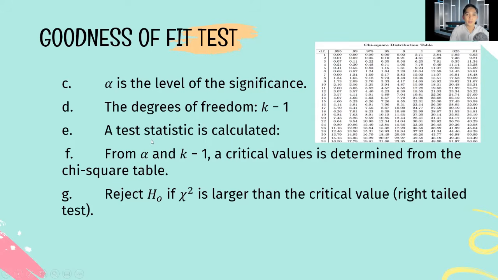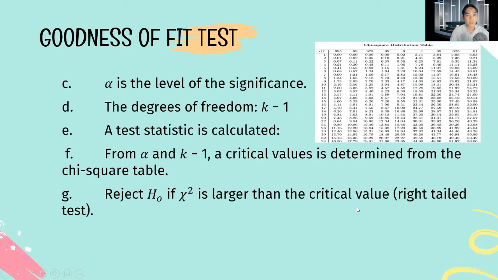A test statistic is calculated for letter E. Test na natin gamit yung formula. Then F, from the alpha and degrees of freedom, a critical value is determined from the chi-square table. Ito na, gagamitin na natin yung table natin. And magko-conclude na tayo: reject the null hypothesis if our chi-square test is larger than the critical value.